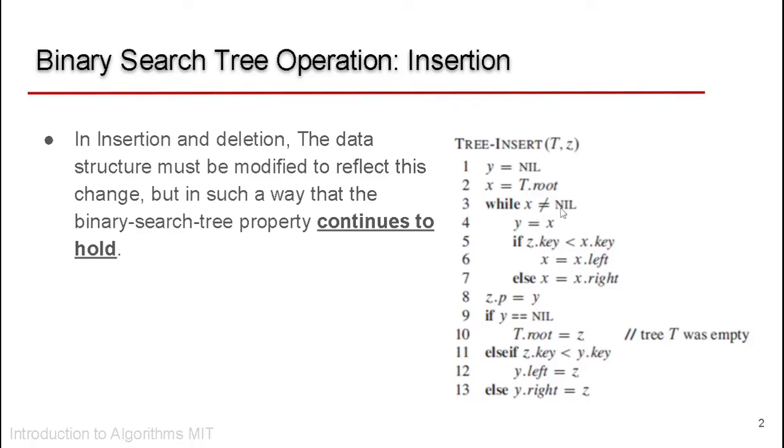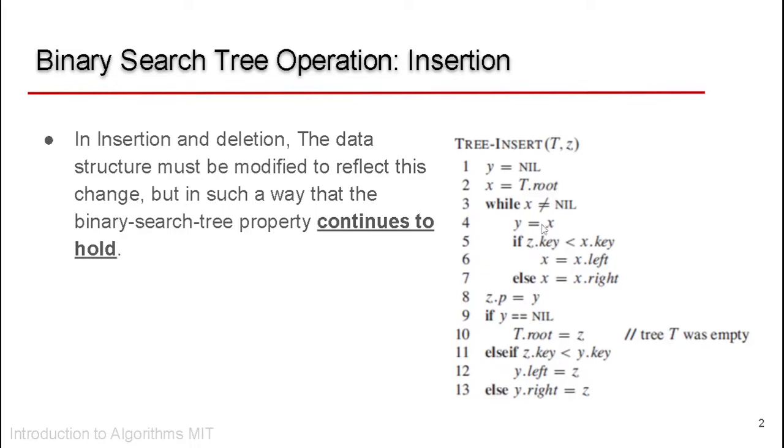Each iteration we update the value of x, this local variable inside the function, with x left or x right, depending on the key of z, the new node we want to insert.